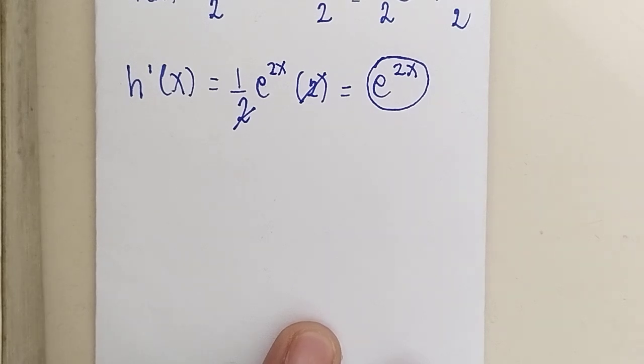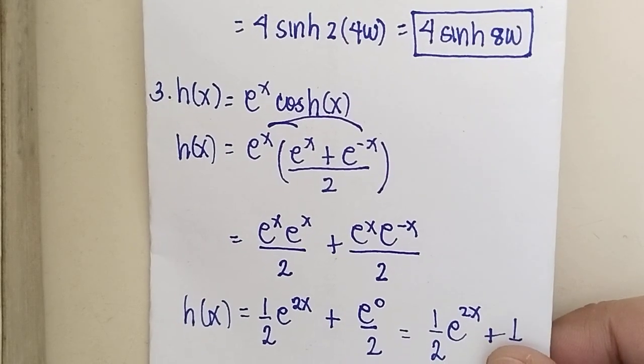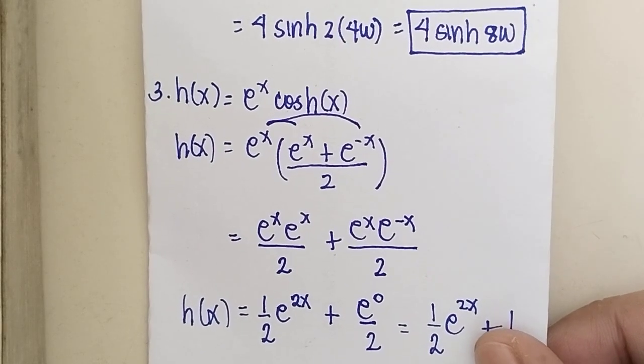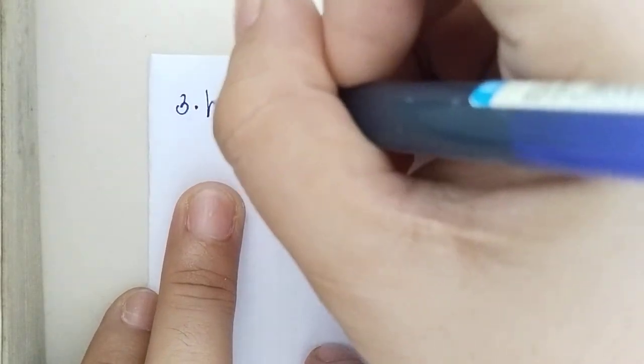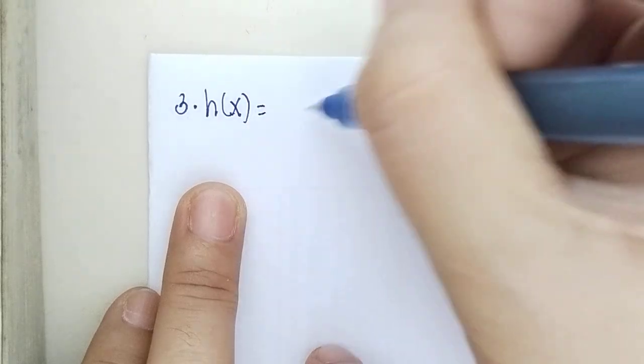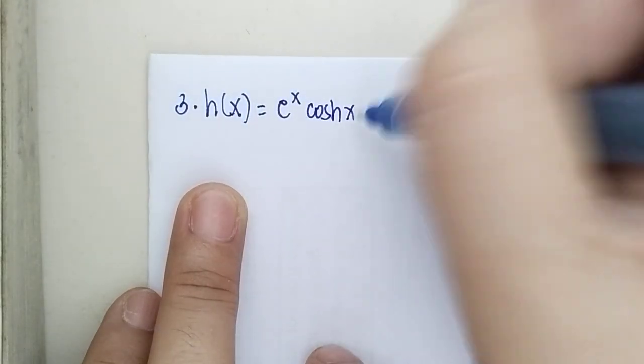Now, what if we go directly to the derivative? Because what if I forget? Again, there will just be a little complication, but our answer will still be the same. So, for number 3, we're given h of x equal to e raised to x hyperbolic cosine of x.